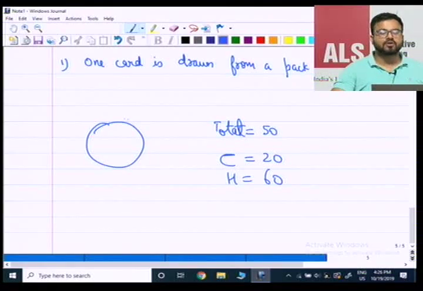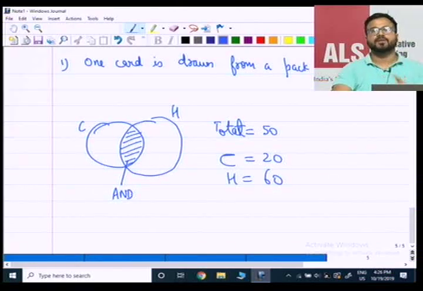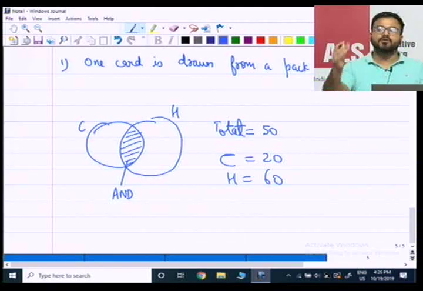If we draw it in a diagram, this is the circle representing cricket, and there must be another circle representing hockey. Those two circles should intersect. The shaded region is known as the common region, which is indicated by AND, common to both of them. So some players will be over here, which is why the total of cricket and hockey goes above 50.